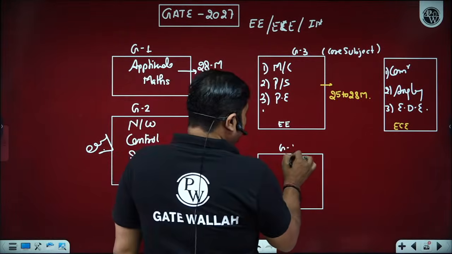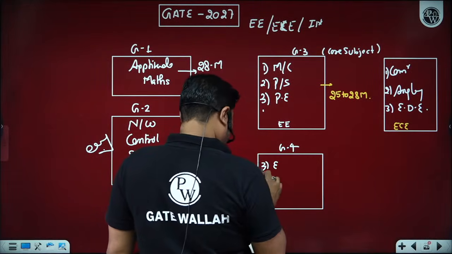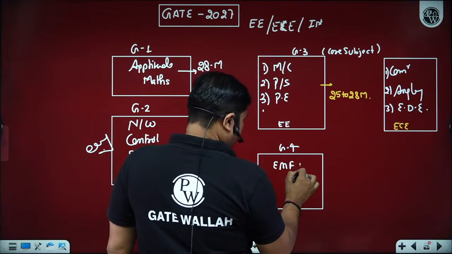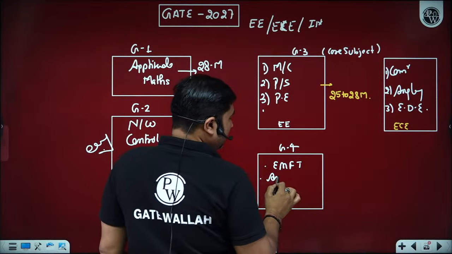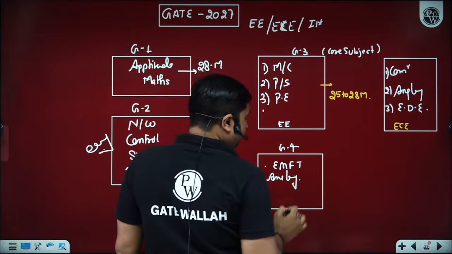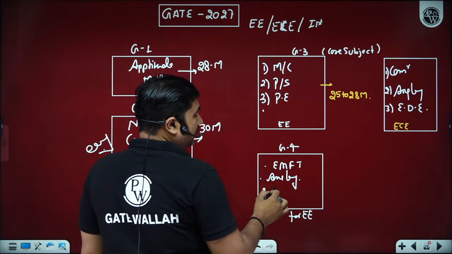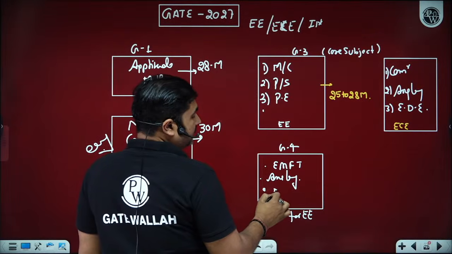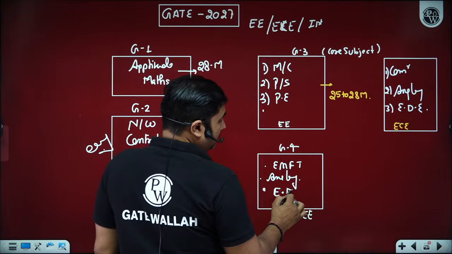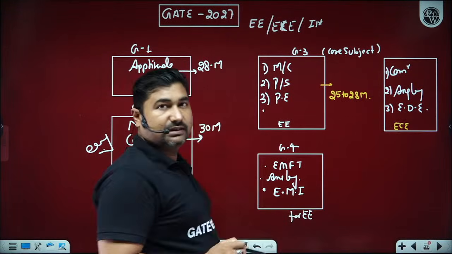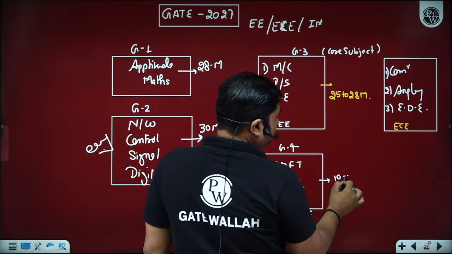Group 4 will have EMFT, and for EE analog portion will be there, and you have digital, analog and measurement, so electrical measuring instruments. This group will carry almost 10 to 12 marks.